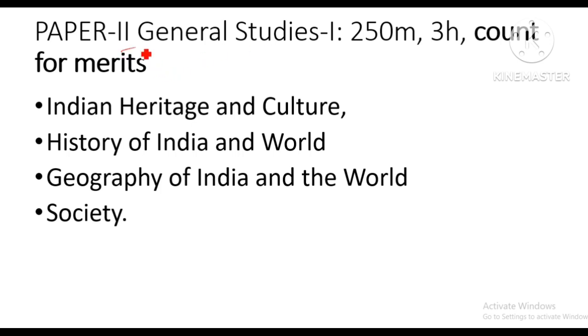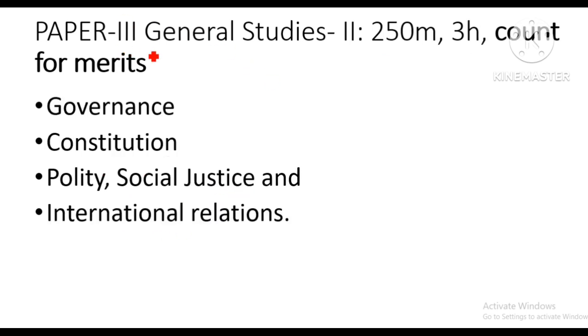And paper 2 is also called General Studies 1, 250 marks, 3 hours, counts for merit. It covers Indian heritage and culture, history of India and the world, geography of India and the world, and society. And paper 3 is called General Studies 2, 250 marks, 3 hours and counts for merit. It covers governance, constitution, polity, social justice and international relations.